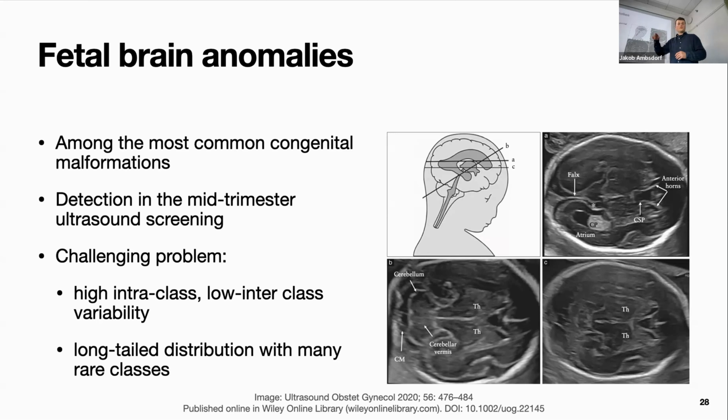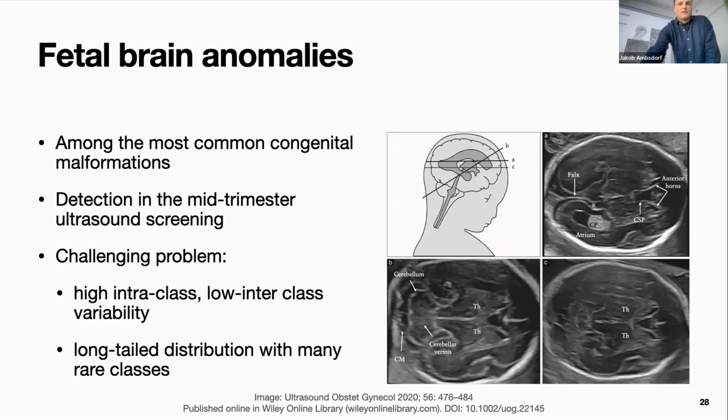And then this also being an anomaly detection task, you have this typical long-tail distribution of events. A lot of things are already rare, but they get even rarer, and you have a lot of them. So it's difficult to pick up all of these classes.